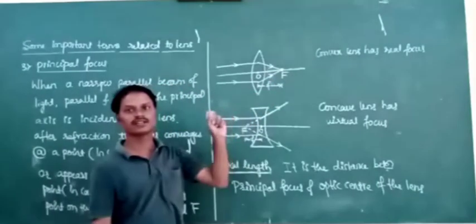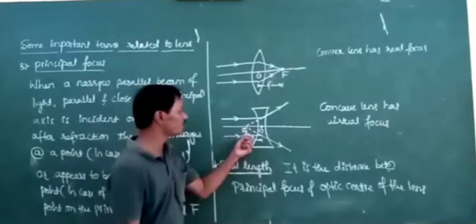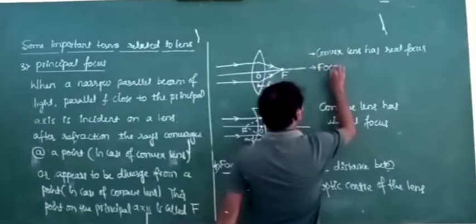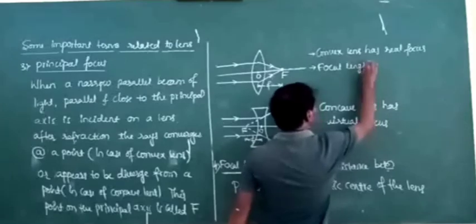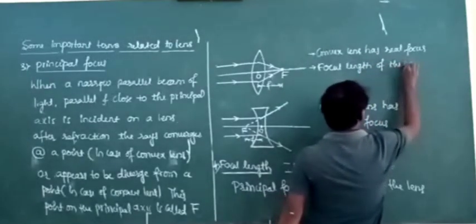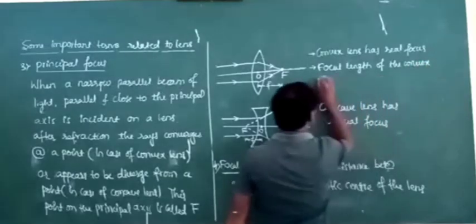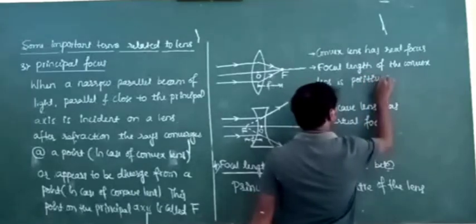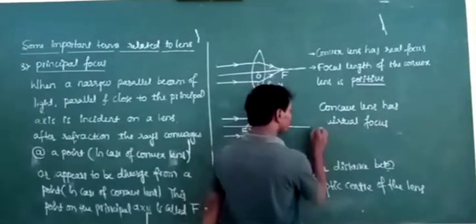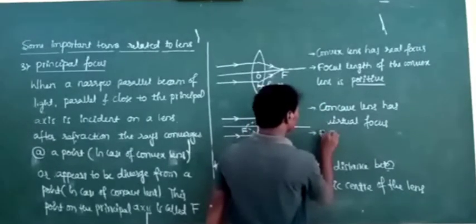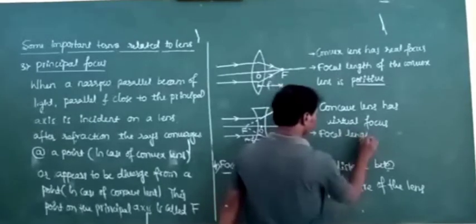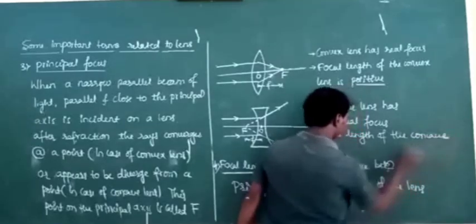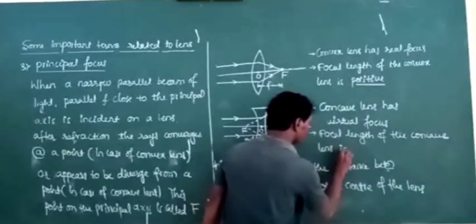That is why focal length of the convex lens is positive and focal length of the concave lens is negative.